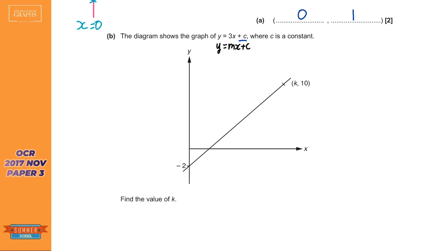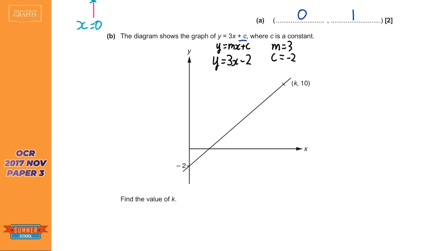M is the gradient, so we know that gradient is 3, but we can actually work out what c is, because we know c is the y-intercept, and if you look at the sketch they've done, it's showing that the y-intercept is minus 2. So we know c is minus 2. So the actual equation of the line is y equals 3x plus minus 2. Well, actually, that's just minus 2.